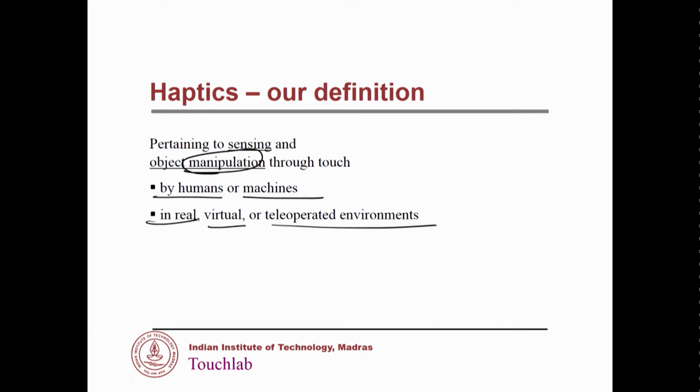In fact, if you look at the literature on what haptics is, there will be many definitions. You will find that none of the definitions are quite correct with a holistic approach of both sensing and manipulation. I am going to ask you to do a very small homework. Search Google or the other literature for the definition of haptics and list out at least five definitions, and when you write down the five definitions, also provide the references from where you got them. Compare those definitions with the definition we have written over here.